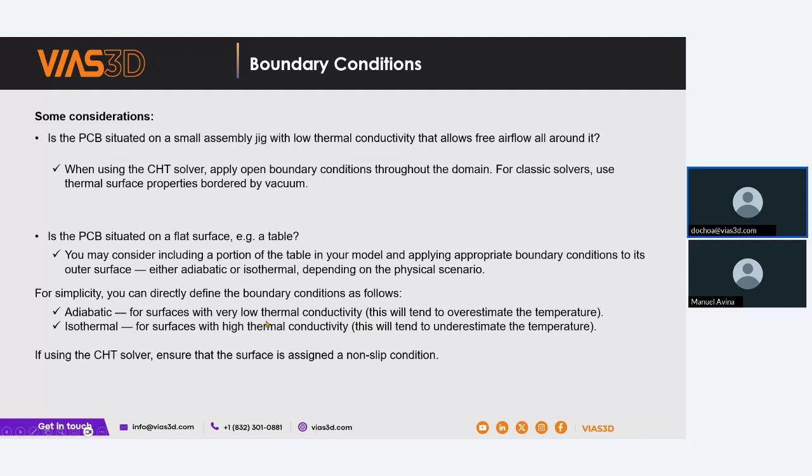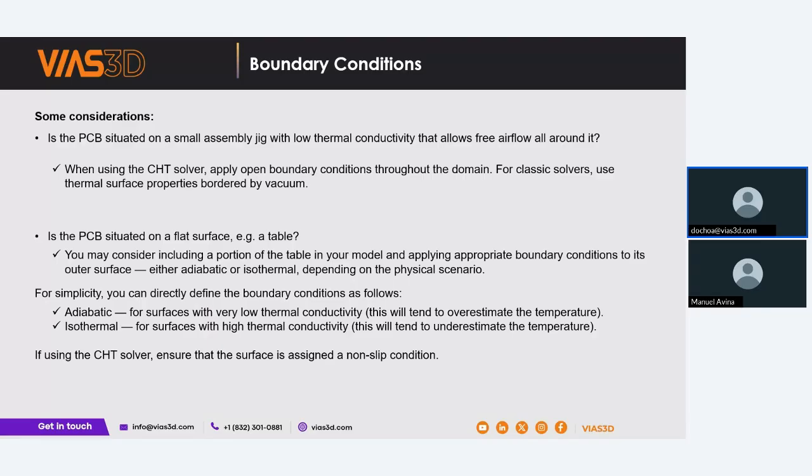So please consider this when you're doing your analysis. You can start with something simple by replacing the table and using these boundary conditions. Then, for comparison, you can bring the table with the correct material properties, or part of that table, and run the analysis to understand what exactly is happening.